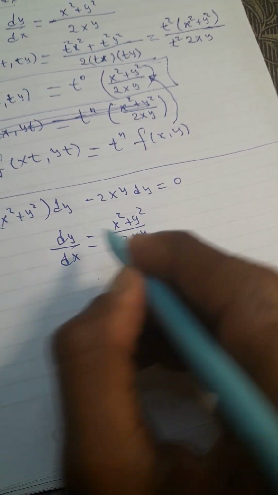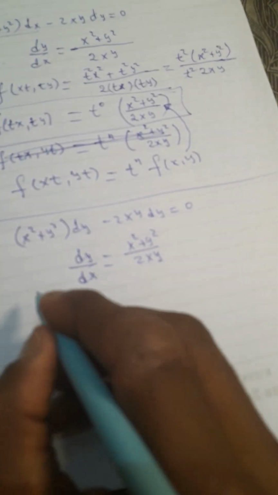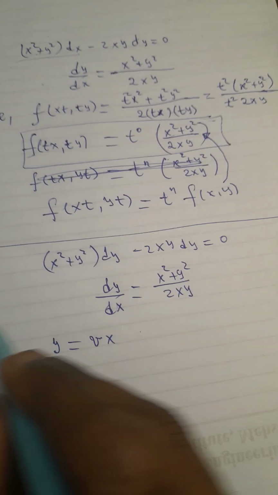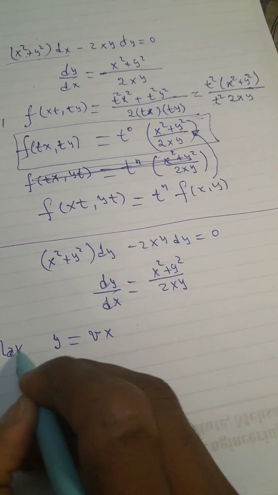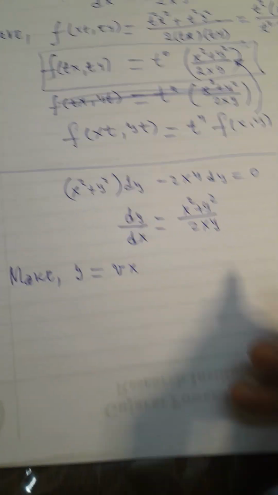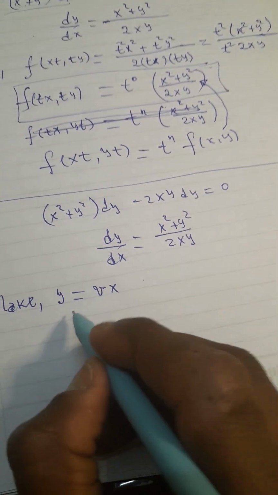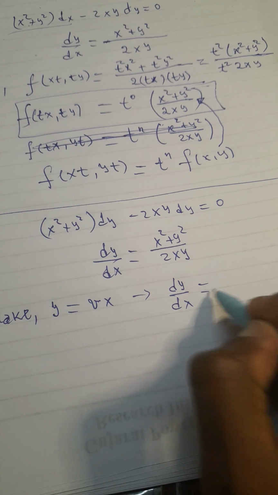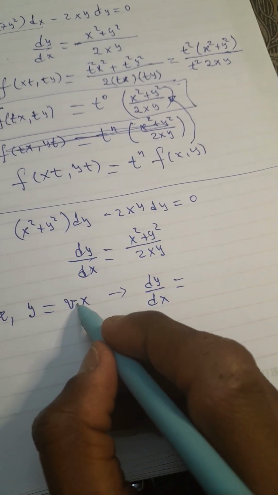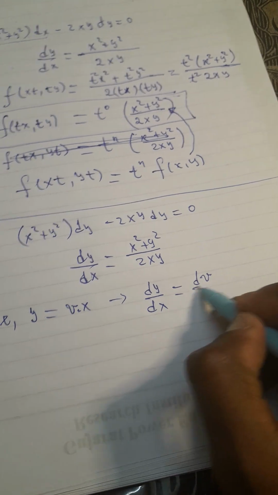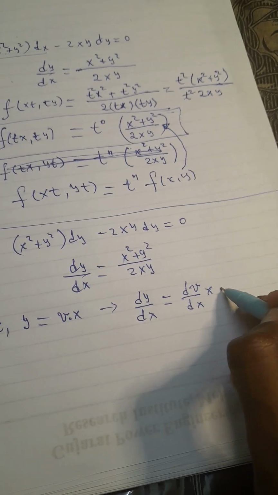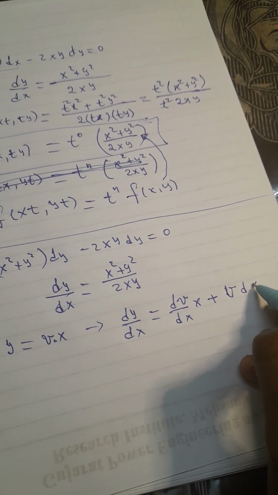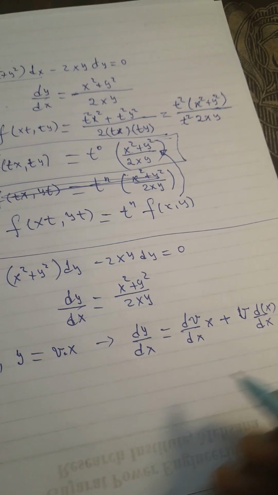The next step is, if this is homogeneous, as we have proved, we just do the substitution y equal to vx. Make y equal to vx. So what does it mean? Now apply differentiation with respect to x on both sides. This is a product, as you can see. This will be dv dx times x plus v dx upon dx.